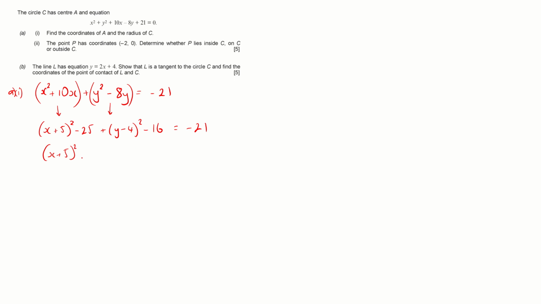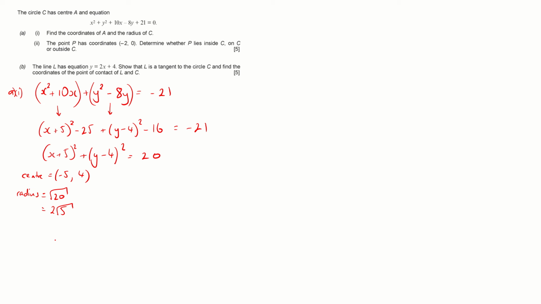So it's (x plus 5) squared plus (y minus 4) squared. Remember, this was minus 41 over the other side, plus 41, and it's going to give us a positive 20, which means that the center is (minus 5, 4). The length of the radius is the square root of 20, which can be simplified to 2 root 5.